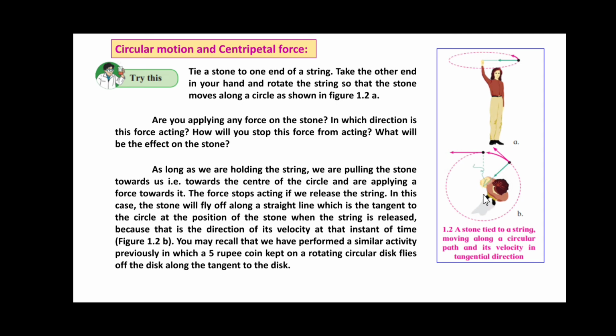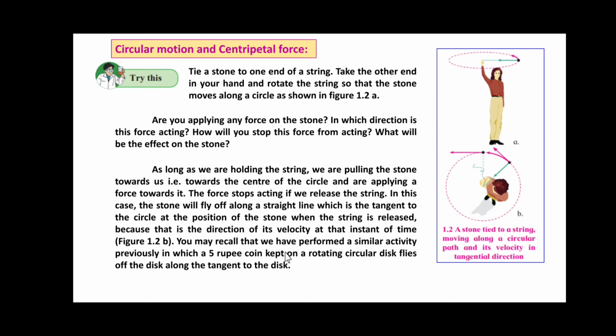Here you could see the stone is released here. Here it is the radius and here it is the way in which the stone is moving. So here the angle is 90. Here also, if the stone is released from this position, you could see the angle is 90.